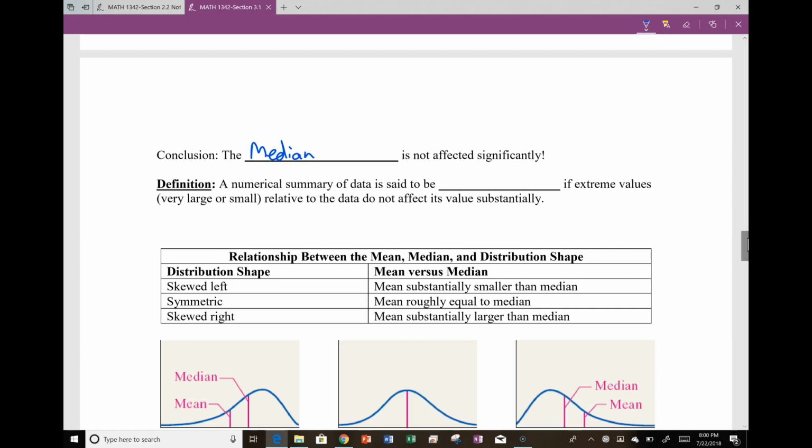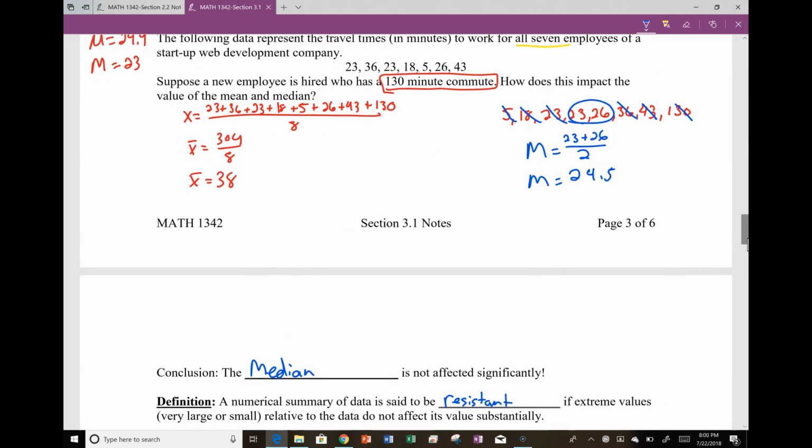So a numerical value of data is said to be resistant if extreme values, very large or very small, relative to the data do not affect it substantially. Mean takes into account all of our data values. Because it takes into account all of our data values, including the extreme numbers, it changes significantly.